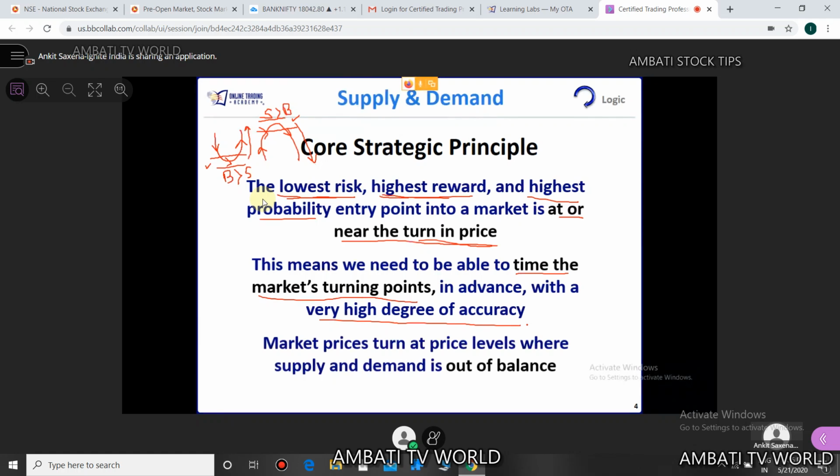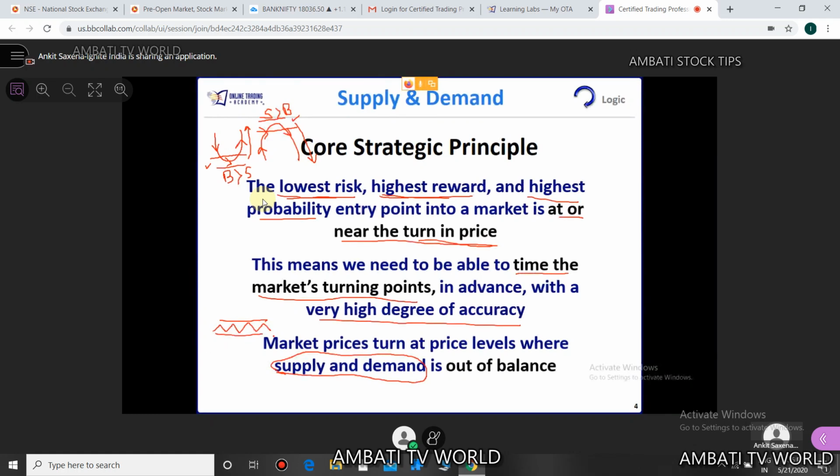Now, market prices turn at a price level where supply and demand is out of balance. Tell me, guys, from where will the prices turn? The prices will turn where the supply and demand is out of balance, isn't it? If supply and demand is balanced, the prices will go sideways like this.